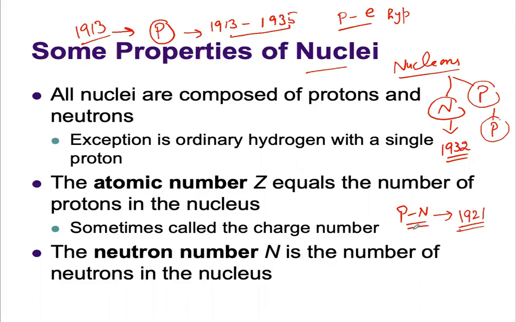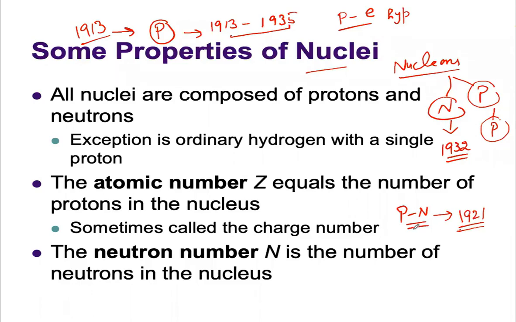We will discuss how these particles interact when we discuss nuclear forces, and how these protons and neutrons are present within the nucleus. We will also talk in the coming lectures about the meson theory, the Yukawa interaction which exists between these particles.